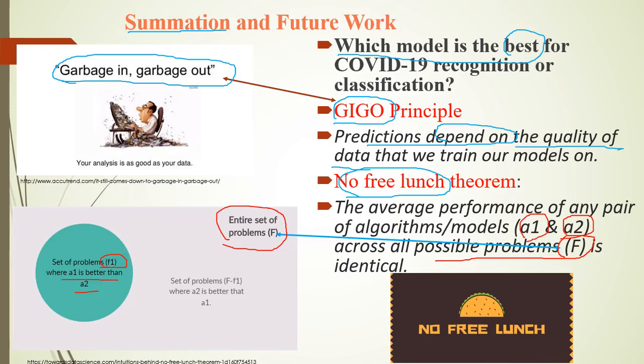And the rest of the space, F minus F1, shows where A2 is better than A1. So the no free lunch theorem tells us the average performance of any pair of algorithm models across all the possible COVID-19 recognition problems is identical. So in a nutshell, what we should do is try to explore more algorithms and more models.